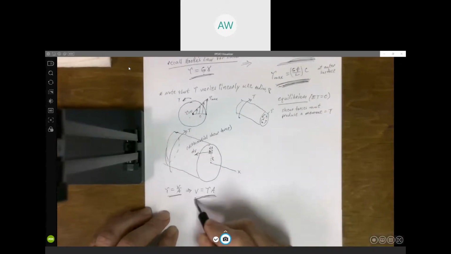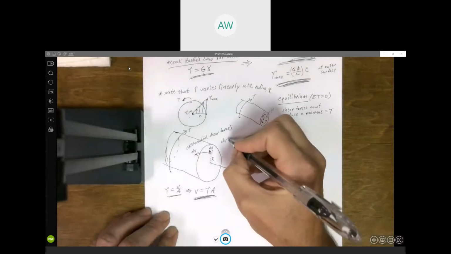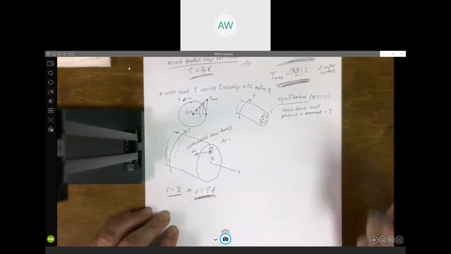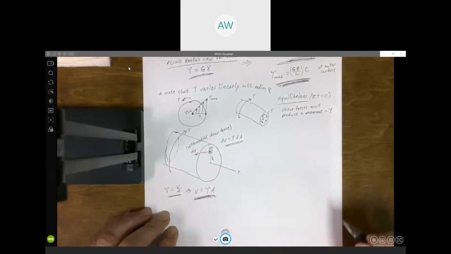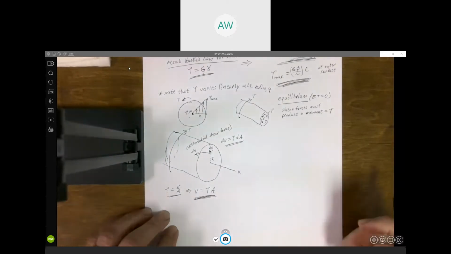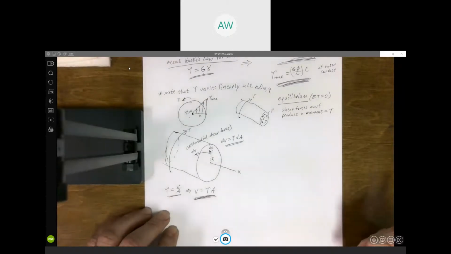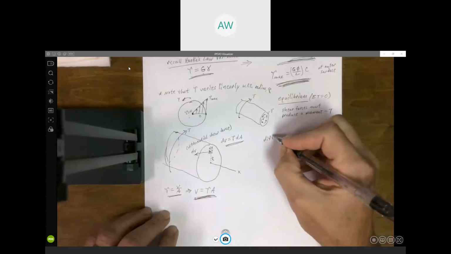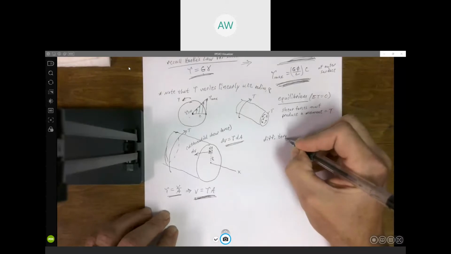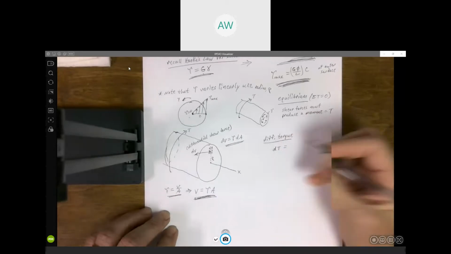Well, the same relationship applies, right? I can get the shear force by taking shear stress and multiplying times the area that it acts over. So it would be tau times dA. All right, so now we're going to get the moment that differential shear force causes. We'll call this the differential torque, dt.